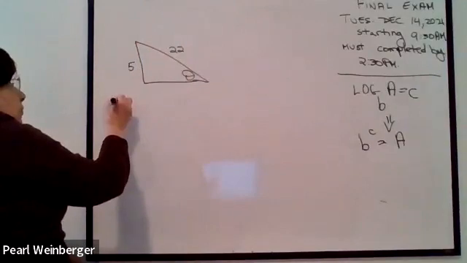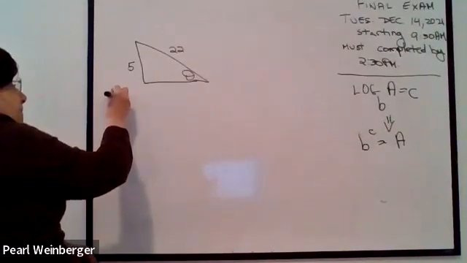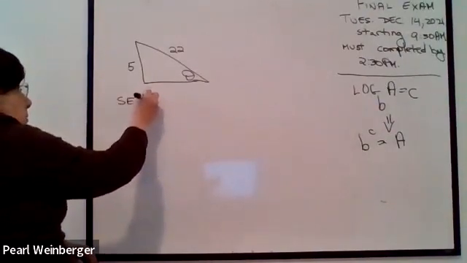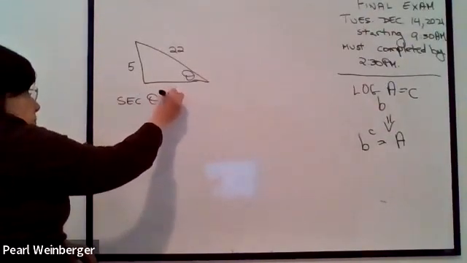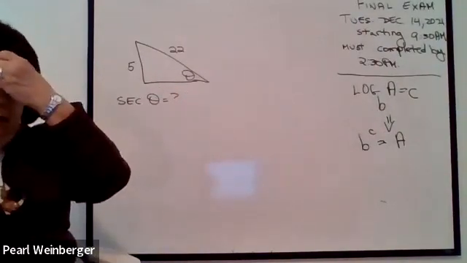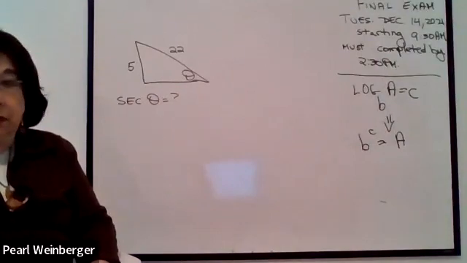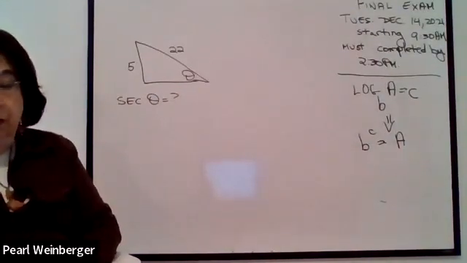And I want you to find secant theta. And I want you to find it in simplest radical form. If it doesn't come out evenly, then do it in the simplest radical form. Okay, I'm going to give you a couple minutes to try it, and then we'll do it together.